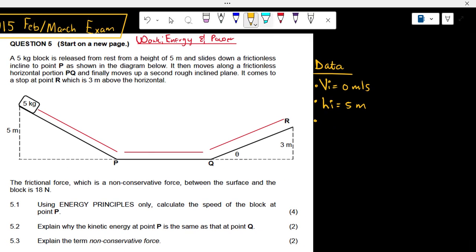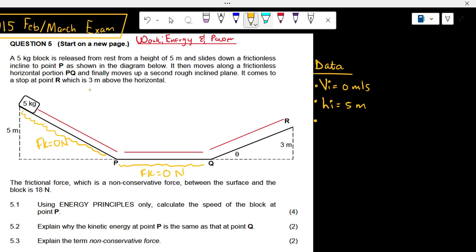Okay, and then what else do they say? It slides down a frictionless incline to point P. So at this point we do not have any frictional force, because it's frictionless. It then moves along a frictionless horizontal surface. So from P to Q yet again, the frictional force is 0 newtons.